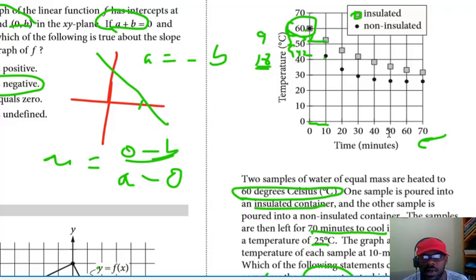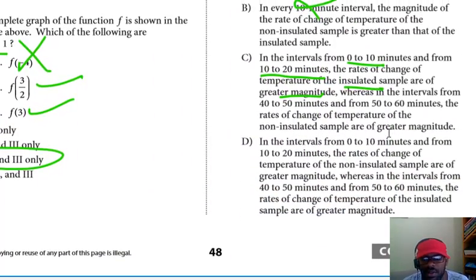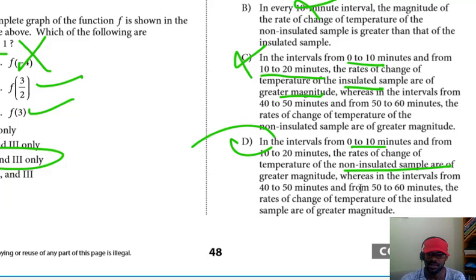That's 18. That one is 9. So this is still wrong. In the interval from 0 to 10 minutes, the rate of change of the temperature of the non-insulated sample is greater. Okay, this is the answer.